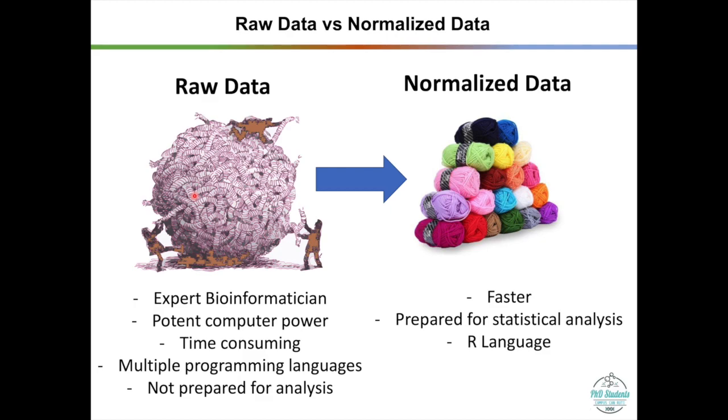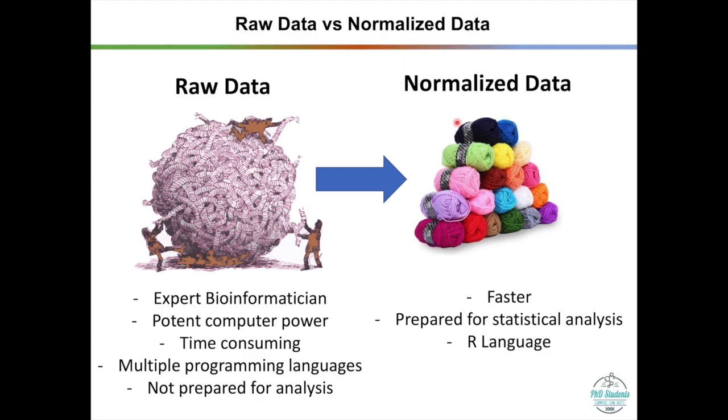You need powerful computers, and it's very time consuming. You need to know many languages to turn this raw data into normalized data. So, for this webinar, we are only going to work with normalized data, which is faster. It's prepared already for statistical analysis, while raw data is not prepared for any kind of analysis.